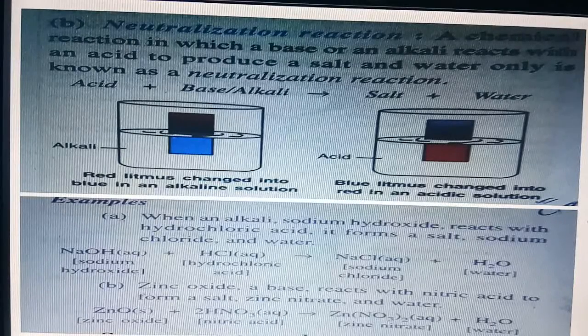So it becomes a neutralization reaction. You can see here red litmus changed into blue in an alkaline solution.